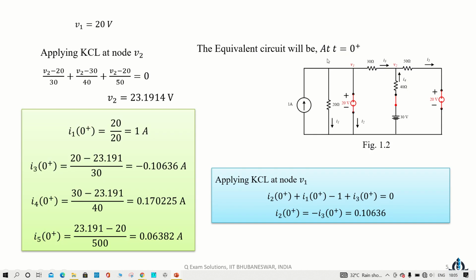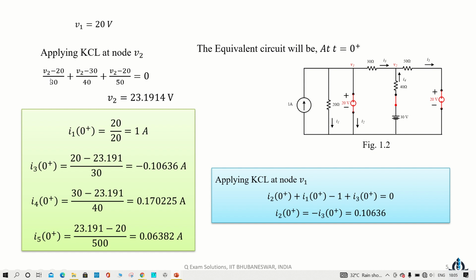Now we also need to find the values at t equals 0 plus. For that, we need to draw the equivalent circuit. For drawing the equivalent circuit, the voltage you got at t equals 0 minus, you connect across the capacitor. So we get 20 volt here, 20 volt here, and at t equals 0 plus the switch is also closed.